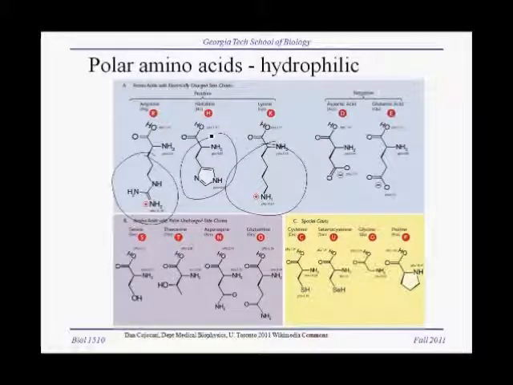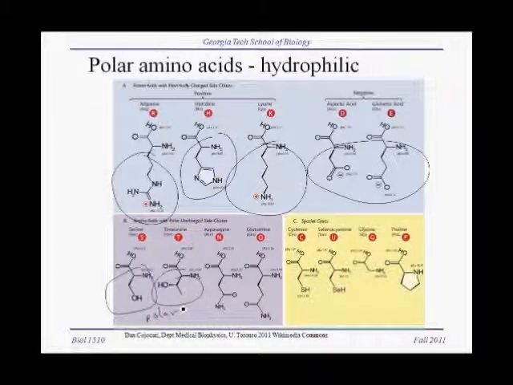So they're either charged, and here we have glutamic acid and aspartic acid with negative charges, or their side chains contain polar groups. So carbon-oxygen bonds, which are polar, and therefore they interact with water. And these are polar as well. So all of these amino acids have side chains that will love to interact with water.